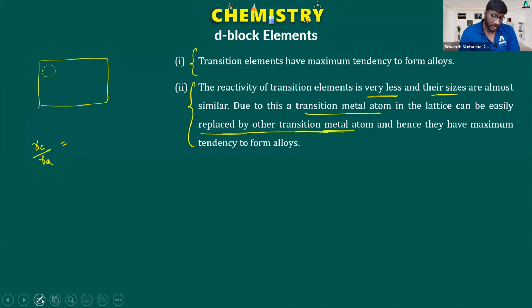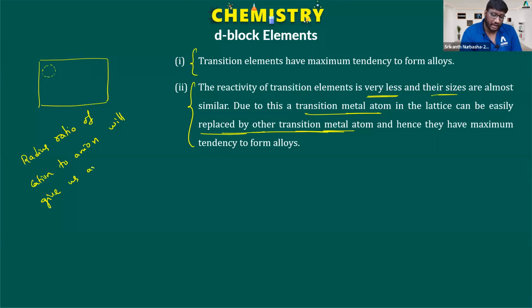Yes or no? The radius ratio of cation to anion will give us an idea about the type of crystal lattice structure in ionic solids.